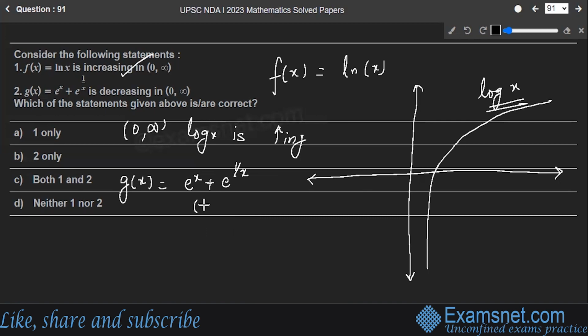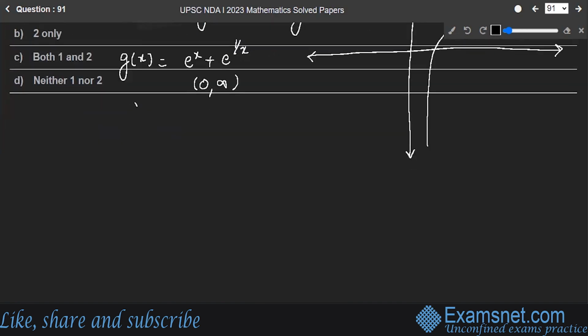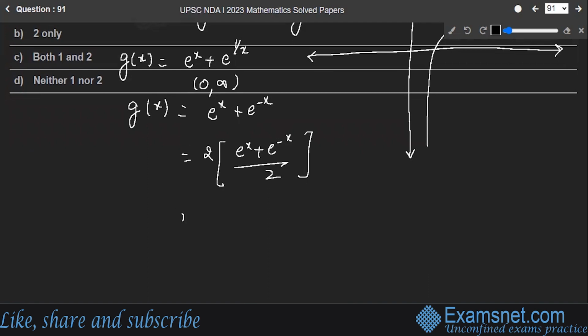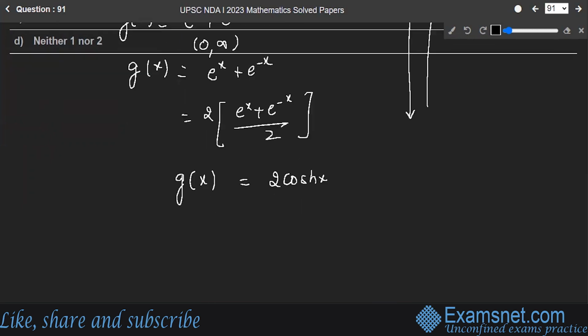This is increasing in the interval 0 to infinity. So let's solve it further. Gx can be written as e raised to power x plus e raised to power minus x. Let's take 2, this thing. So gx is equal to 2 cos hx. Next, further. Now let's plot the graph of this also.